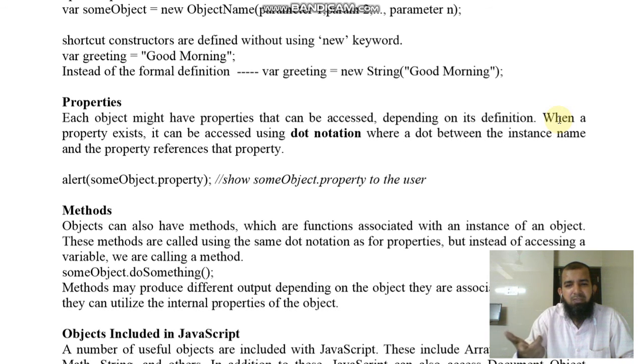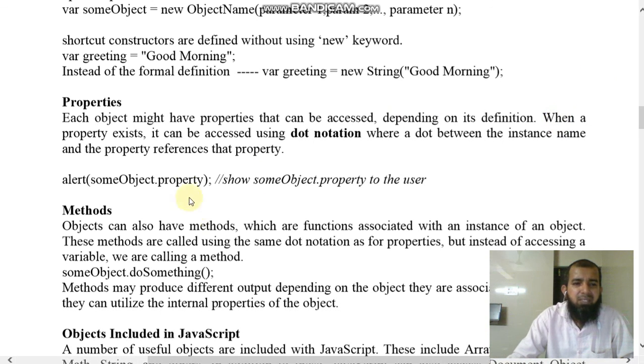Name, roll number, class, fees, address, mobile number, all of the attributes of the object. When a property exists, it can be accessed using dot notation, where a dot between the instance name and the property name refers to that property.